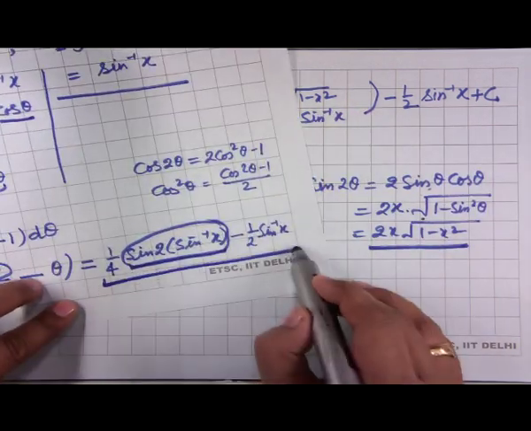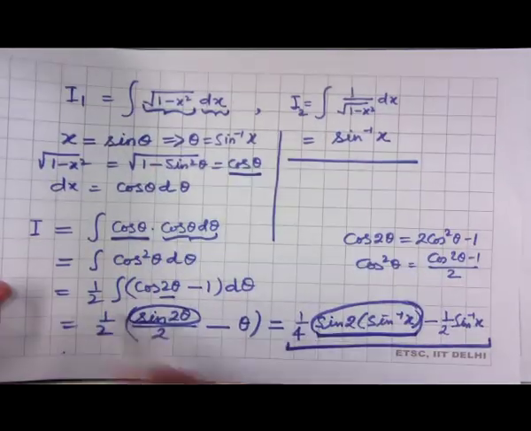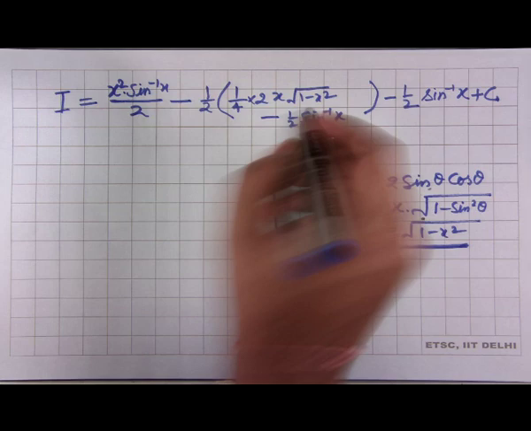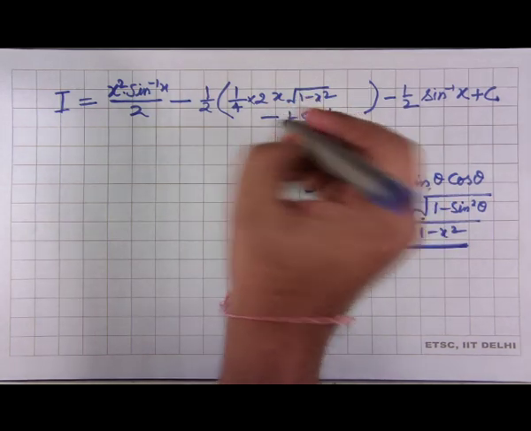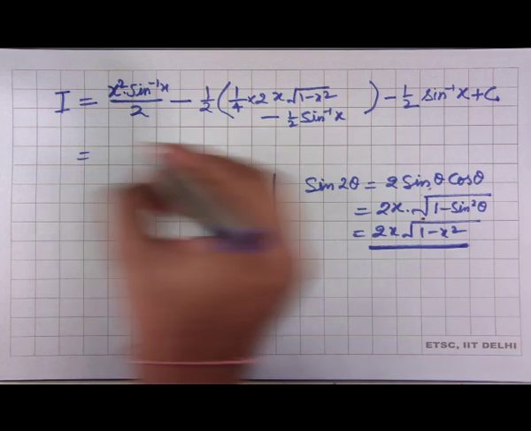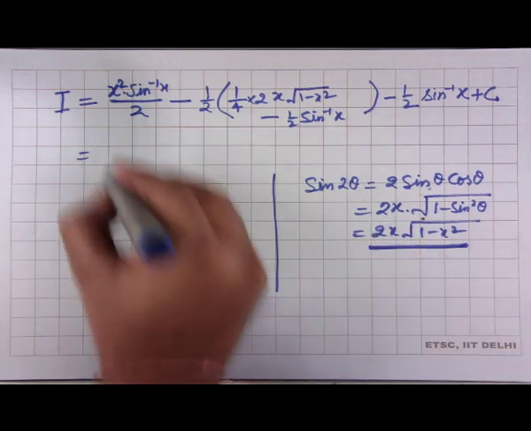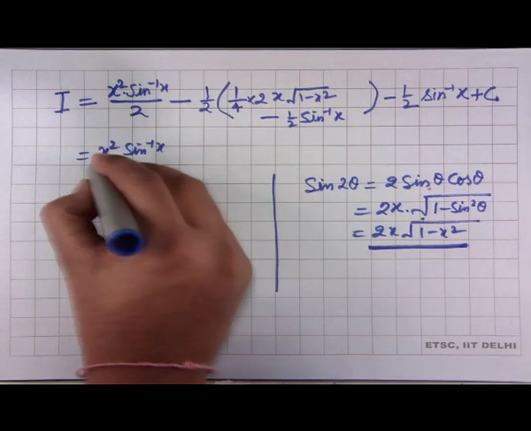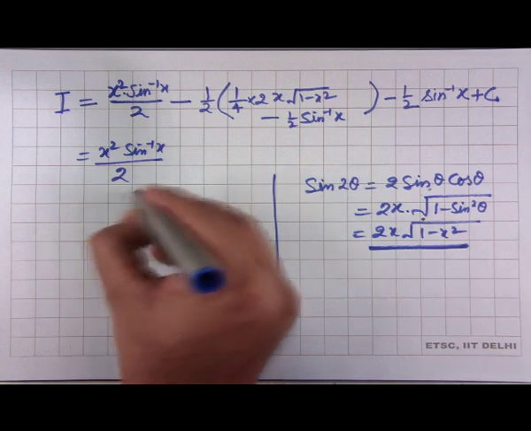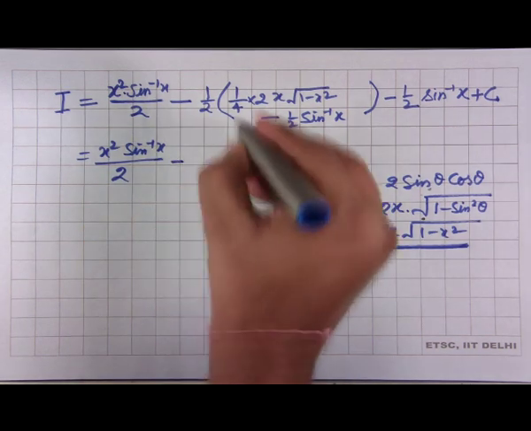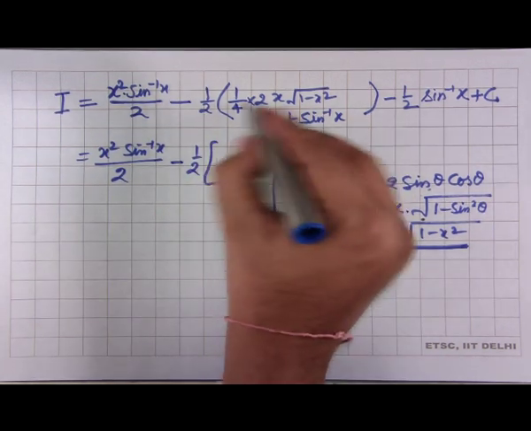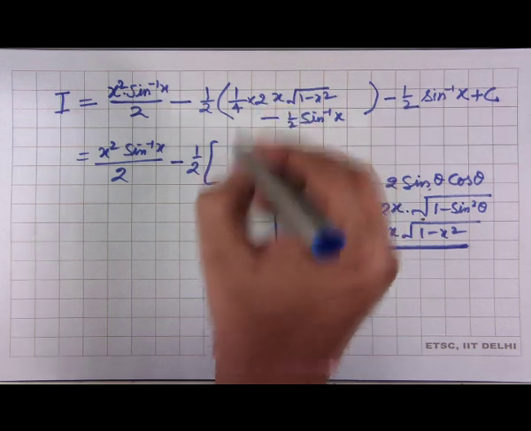So, the integral I1, which we evaluated using this procedure, it is a little long, we got this one. When we simplify this, we get finally x squared sin inverse x over 2 minus 1/2 of this, and 2 by 4 will make it 1 by 2.